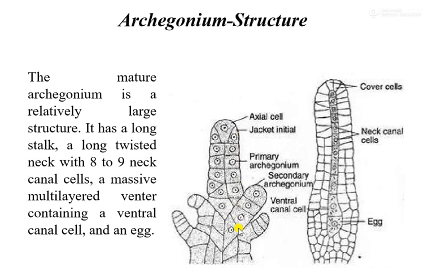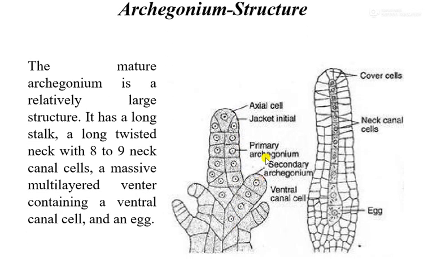The structure of the mature archegonium is quite large. It has a long stalk and a long twisted neck. The neck is quite long, as you can see. How many neck canal cells are present? About 8 to 9 neck canal cells are present.